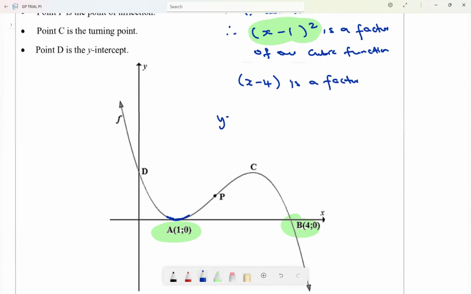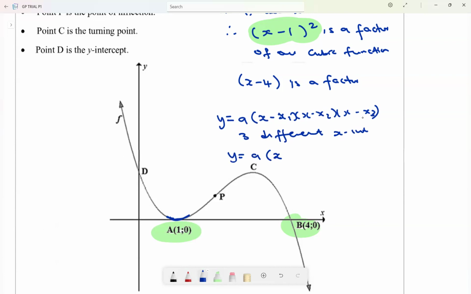Because remember, for you to find the cubic function, you do this. If you have three different x-intercepts, or you use this squared, if you have two different x-intercepts, with one of them acting as the turning point.